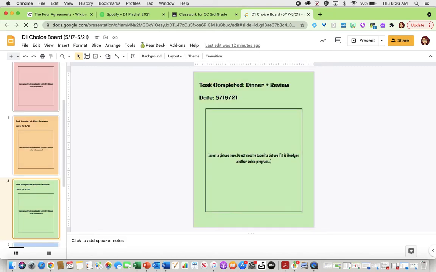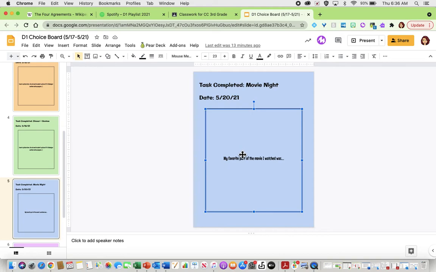So I'm going to go down to slide number 5, excuse me, and I'm going to see I typed in already movie night, I put in the date, and you can see right here already things look a little different because usually right here it tells you to insert a picture. So I deleted the text, and I started talking about my favorite part of the movie.